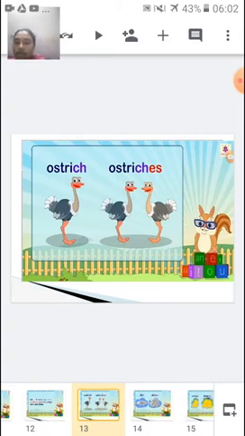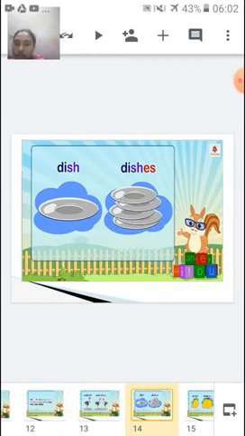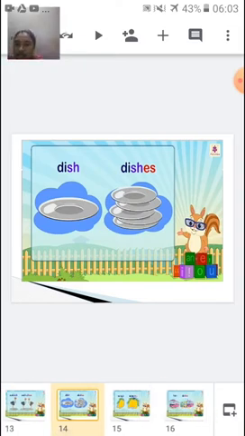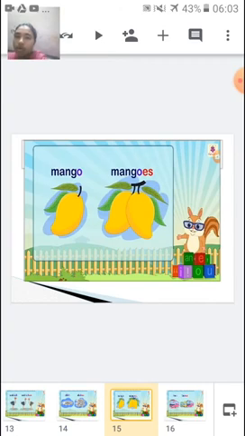Okay, so next, dish, sh. It cannot be just an s added to dish, whereas you have to add es. So dish is converted into dishes. And next, mango, it is mangoes.